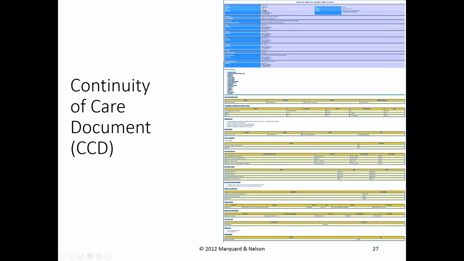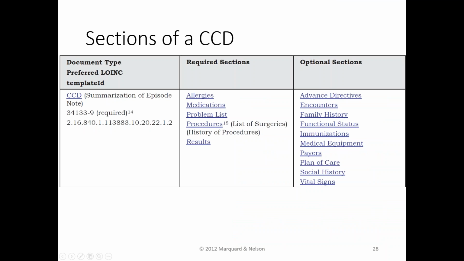This is where it's revealing the who, the participants of the document, and the what, where, and when in the act relationships. And then this table of contents jumps you down into all of the different sections present in the document. And the implementation guide, the document template for C-CD, describes each of those sections.